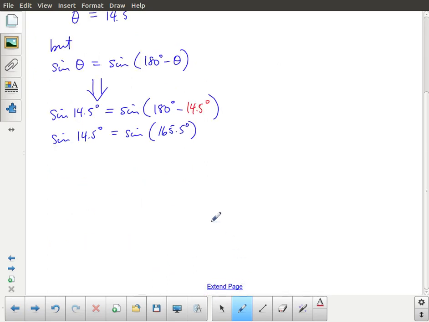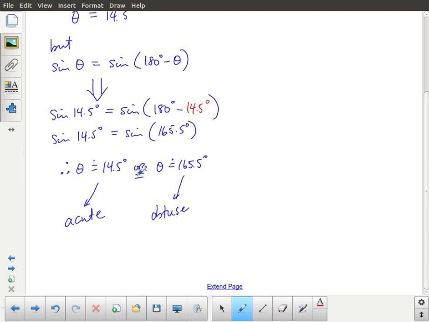And so in this case, theta equals 14.5 degrees, or theta is approximately 165.5 degrees. And that's interesting. I ended up with two answers. I ended up with an answer that is an acute angle, and an answer that is obtuse.